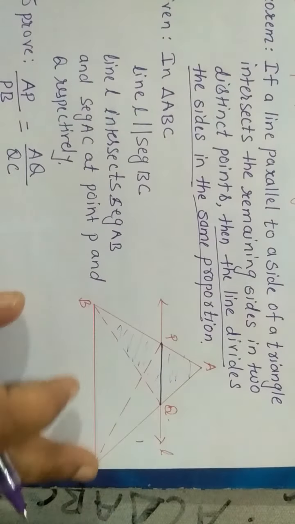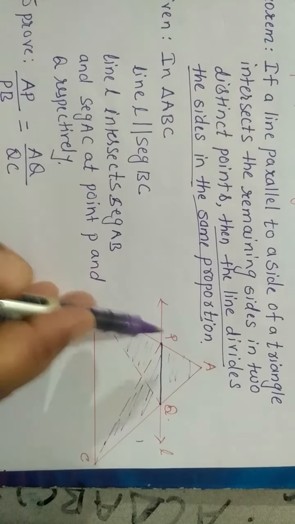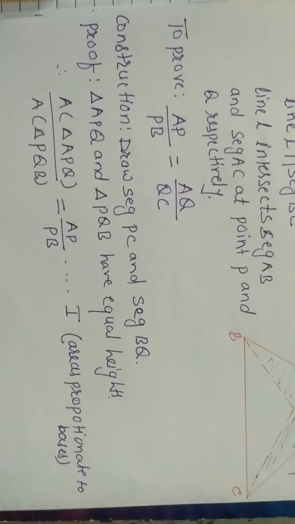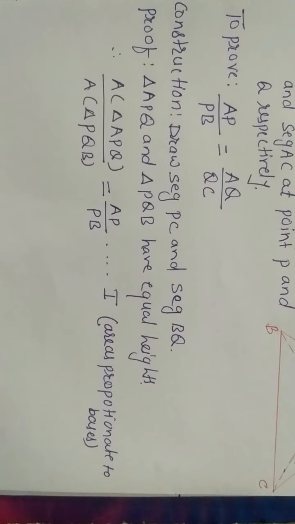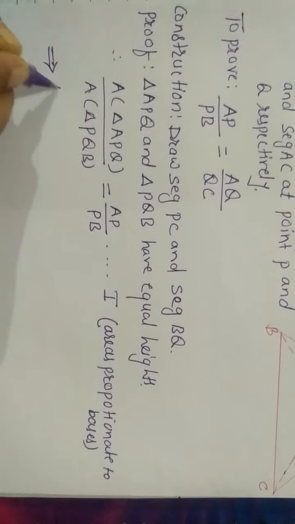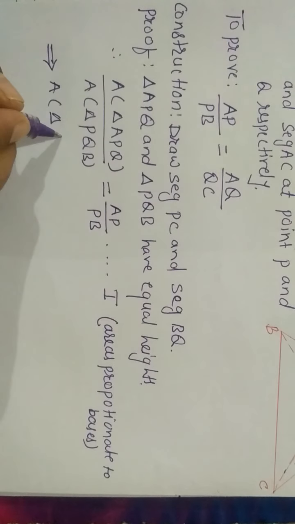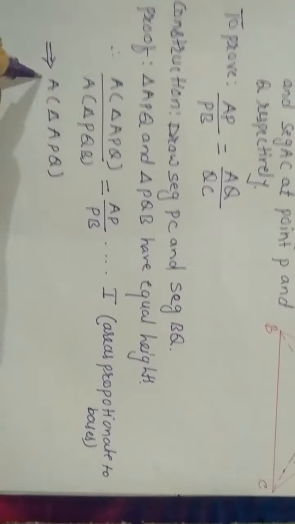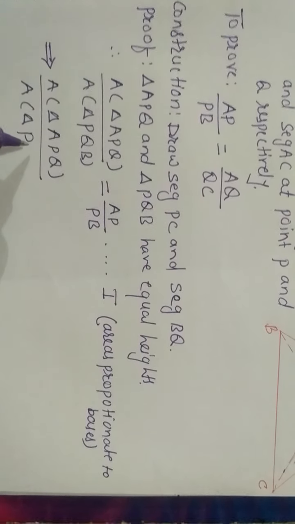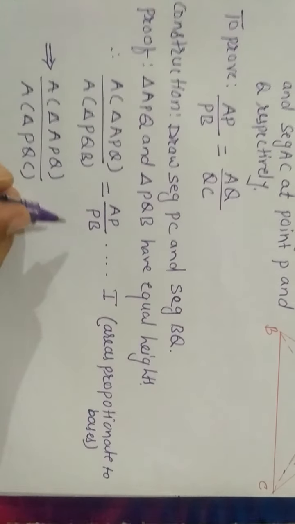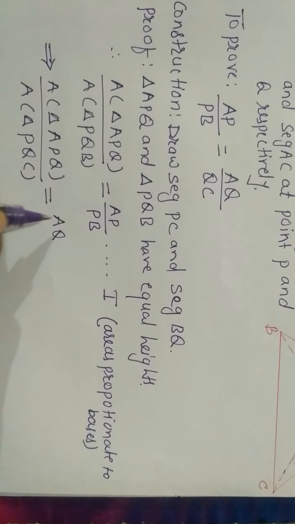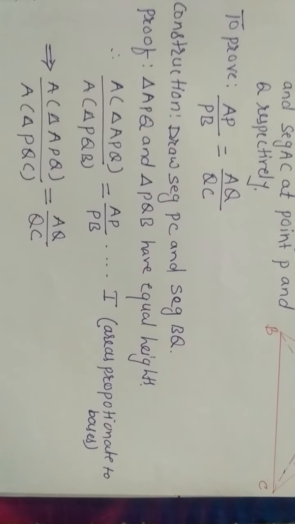Similarly, we can use the other triangles: triangle APQ and triangle PQC. The same height is there. So we can write area of triangle APQ by area of triangle PQC is equal to the bases AQ by QC.